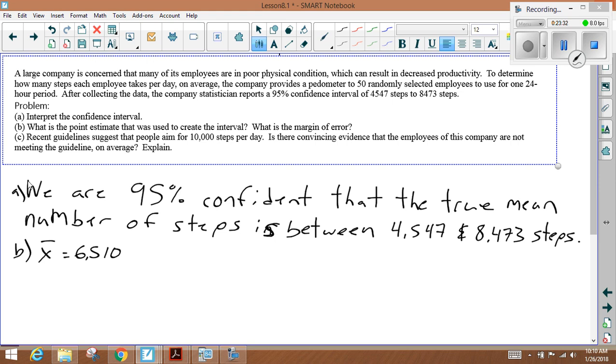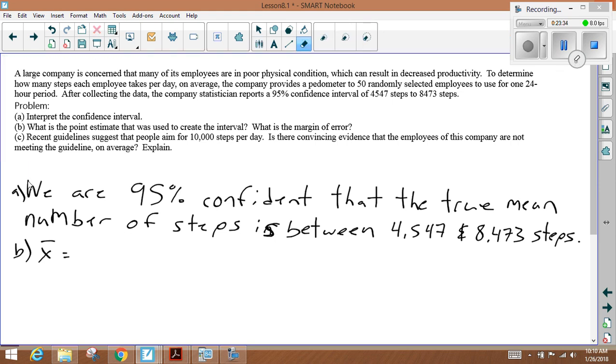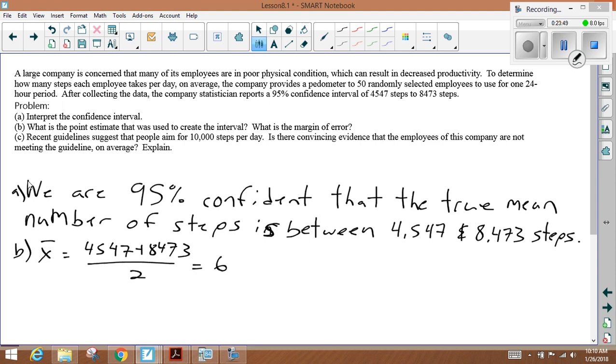And let's actually write how you calculated that: 4,547 plus 8,473, divided by 2, is 6,510. All right, and C, come on, we've been at C before. This ends the lesson, so I don't want to have it hanging in the video.